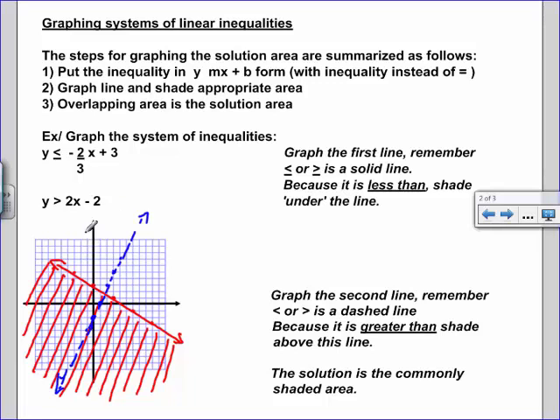Now to decide which way to shade this, well, greater than, that will be all this up in here that's above the line 2x minus 2. So just draw these lines at a different angle than you drew the other ones. You'll see why in a moment.